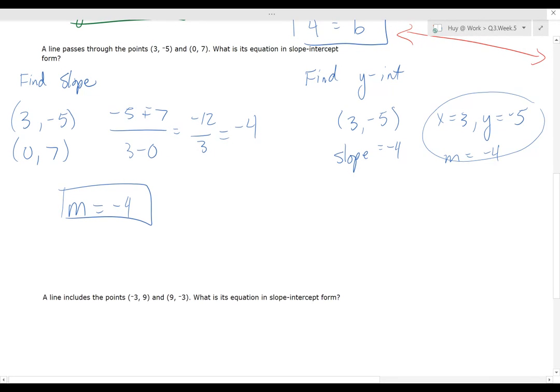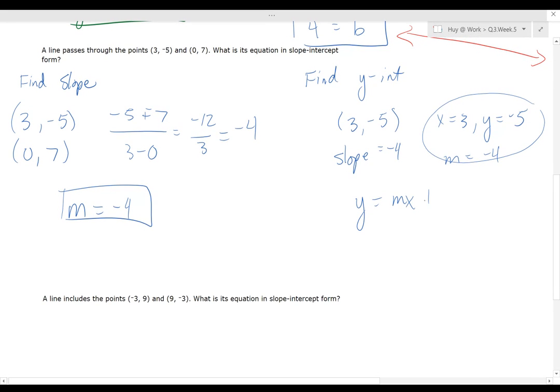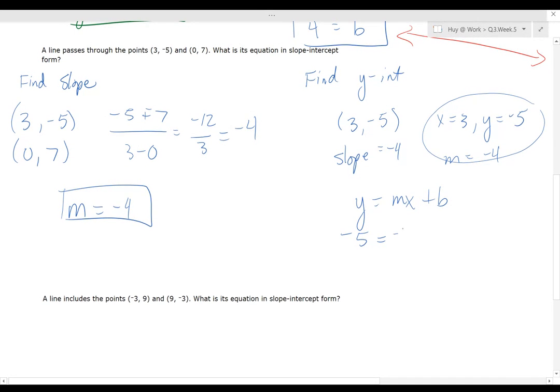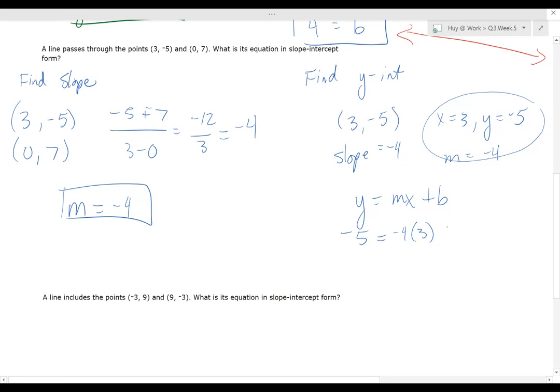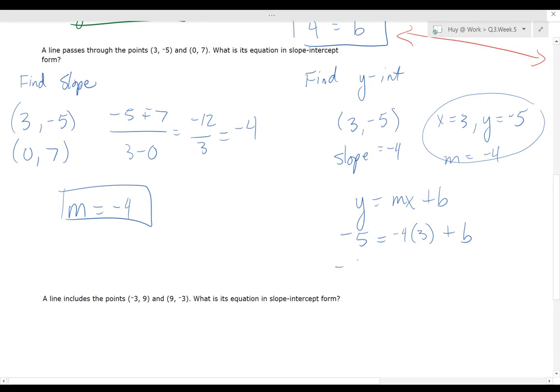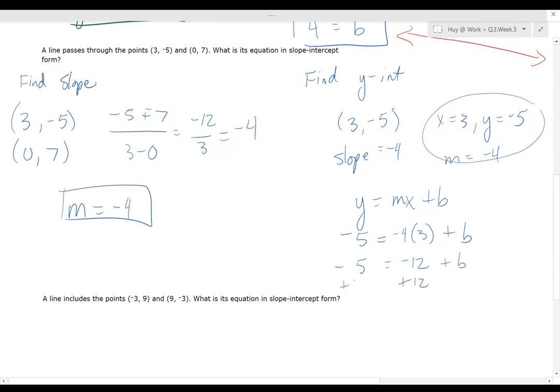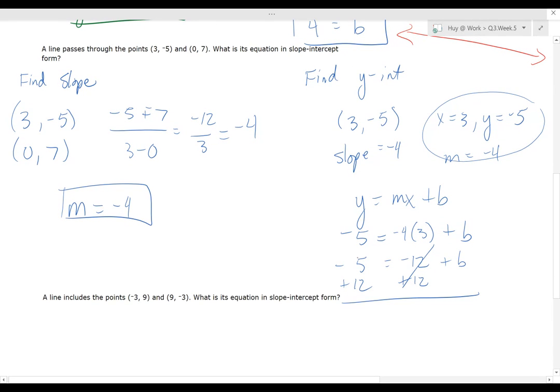So y here is -5 equals m is -4, x is 3, plus b. -4 times 3 is -12. So let's add 12 to both sides. Cancel that out. -5 plus 12 is +7 equals b.